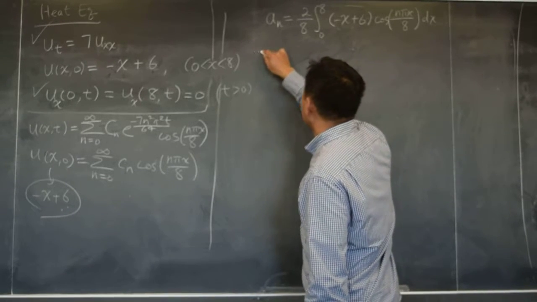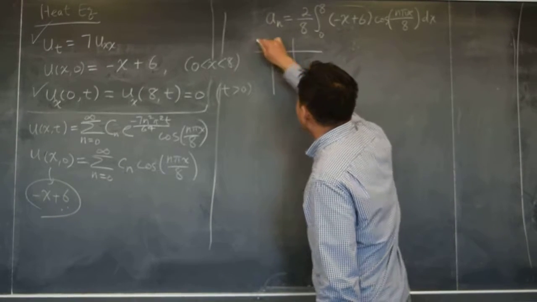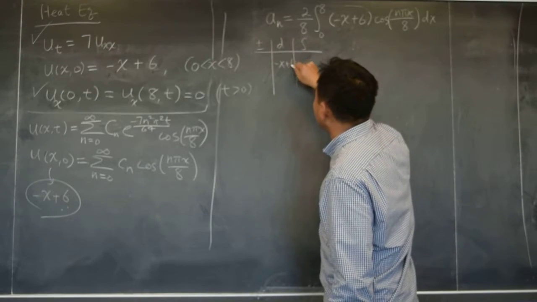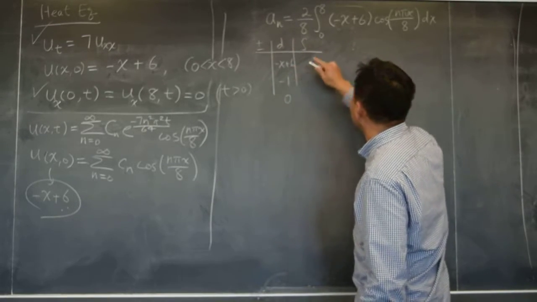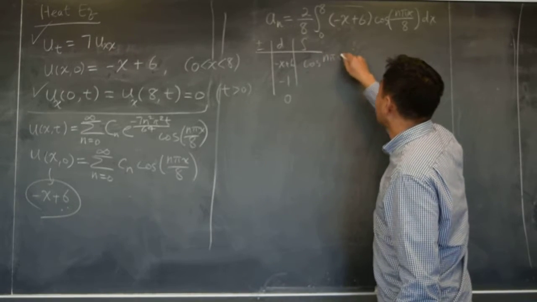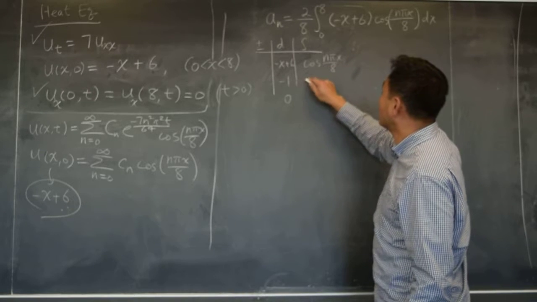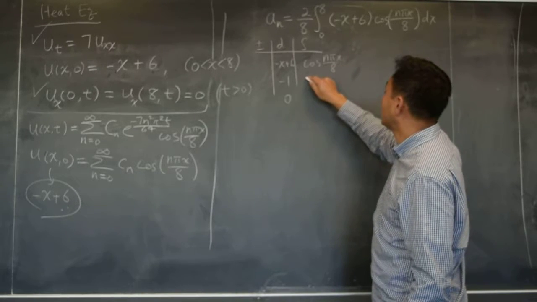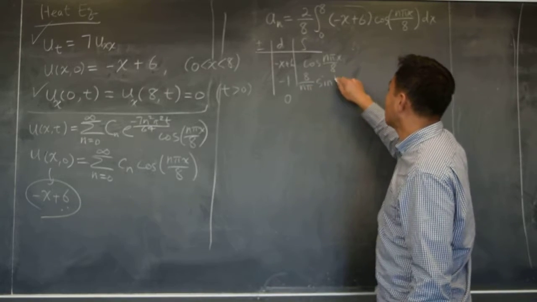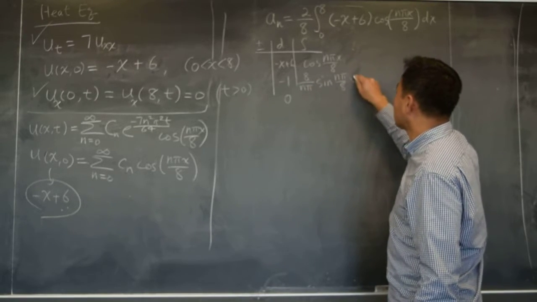Okay, so we have plus minus, and the integral of negative x plus 6 has derivatives negative 1 and 0. Then cosine n pi x over 8 integrates to 8 over n pi sine n pi over 8 x.